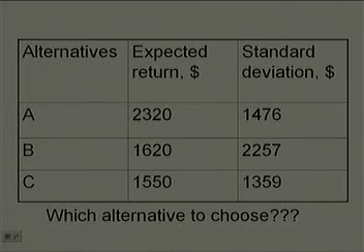Now, the important thing is which alternative to choose, and for this we are trying to utilize the auxiliary decision criteria of minimizing the expectation variance.